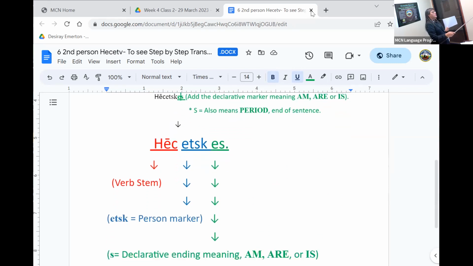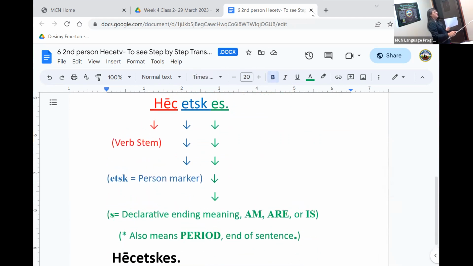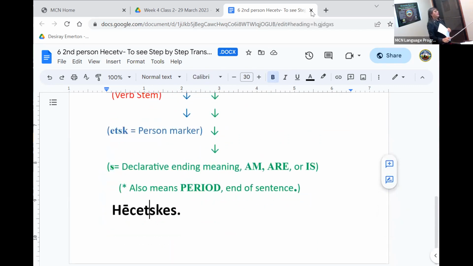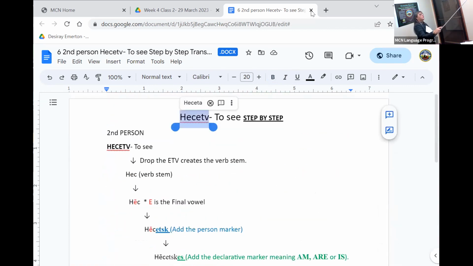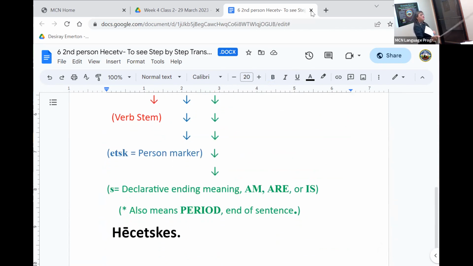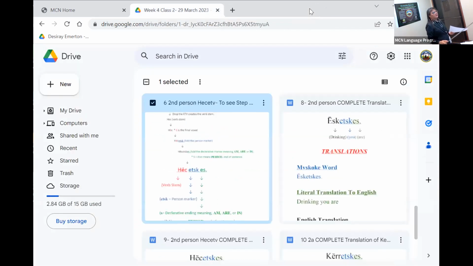And then you see the verb stem, the person marker, and the declarative ending. But since our declarative ending follows a K, I should put ES right here on my notes. So if you have your notes, just mark it and put ES, because it is following a K. And there's the final word. So you see the whole process, going from hitch it up to hitch it skis. All right.